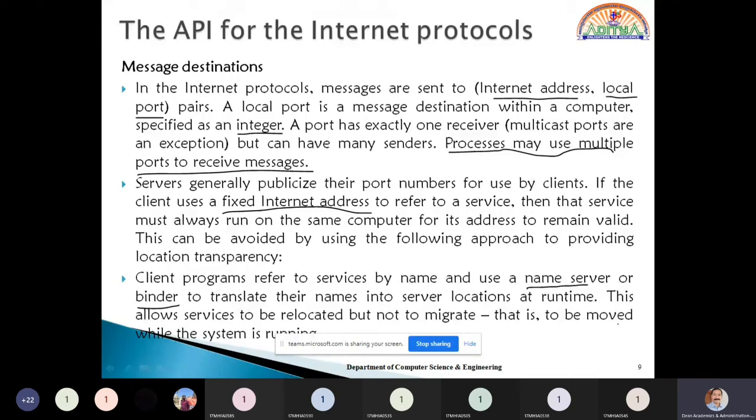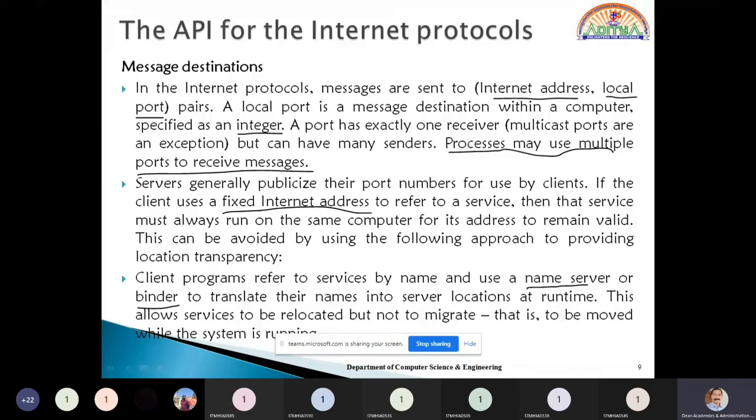So this naming service or binder will allow you to relocate the services, so that whenever the port is corrupted or changed, the port number in your communication does not need to be changed. When you communicate through the name of the port, every name is associated with a port number.